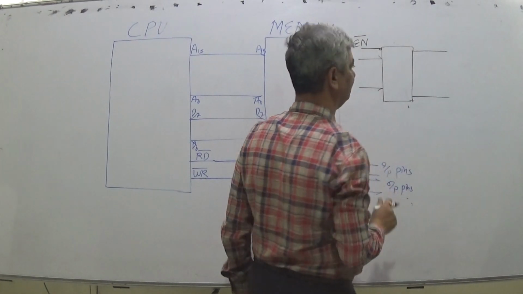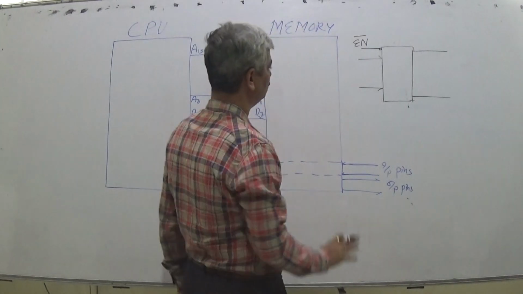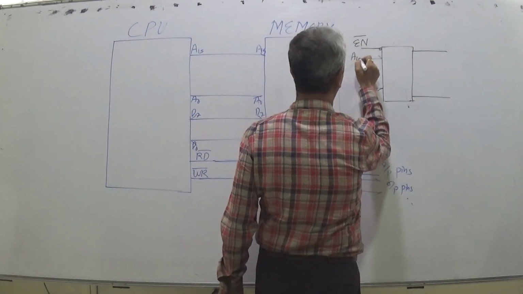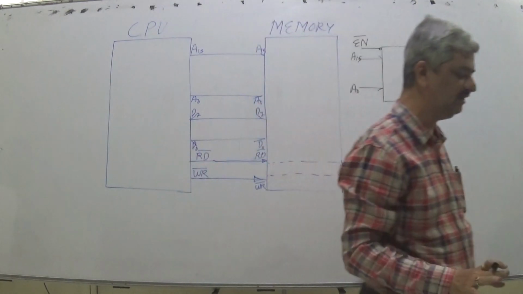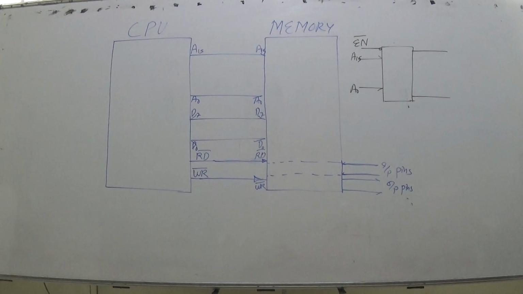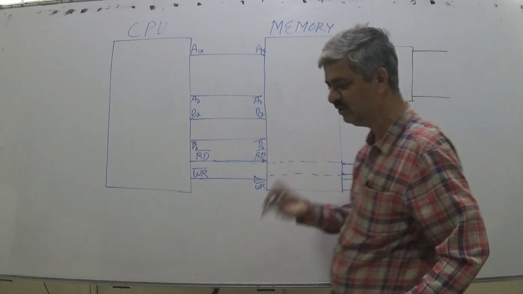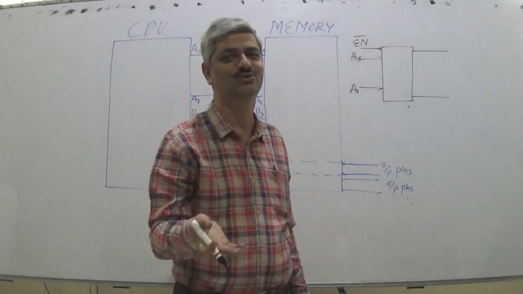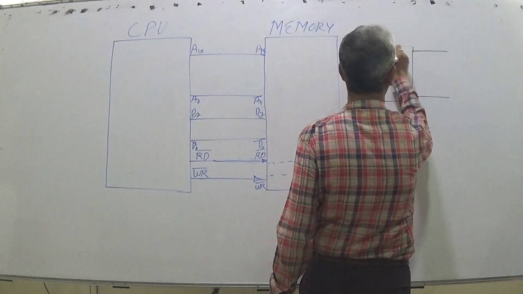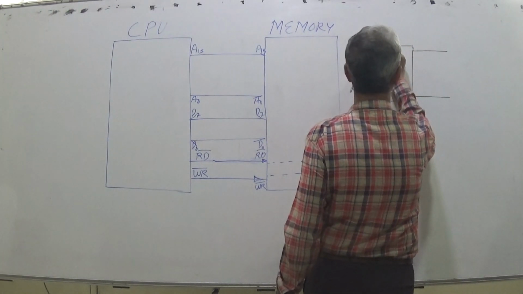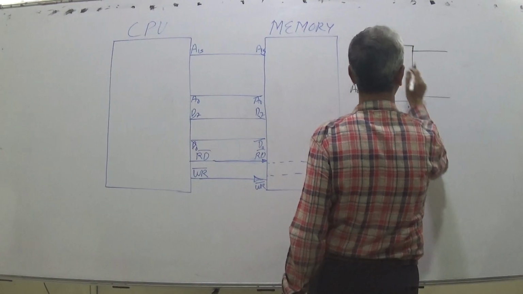Obviously power supply lines we don't show anywhere. It is expected that everybody has now clearly understood that supply lines are always there. So A15 to A0 are the input lines, the address lines or select lines.